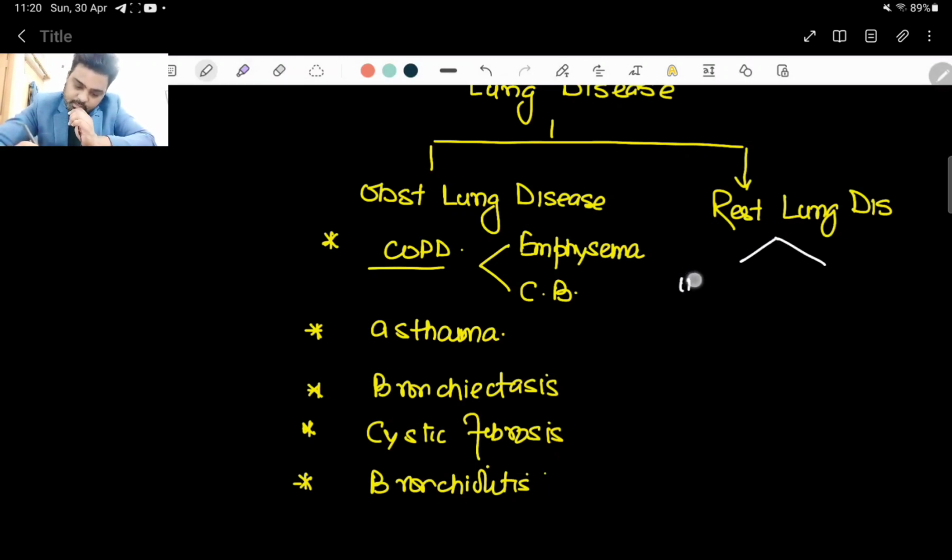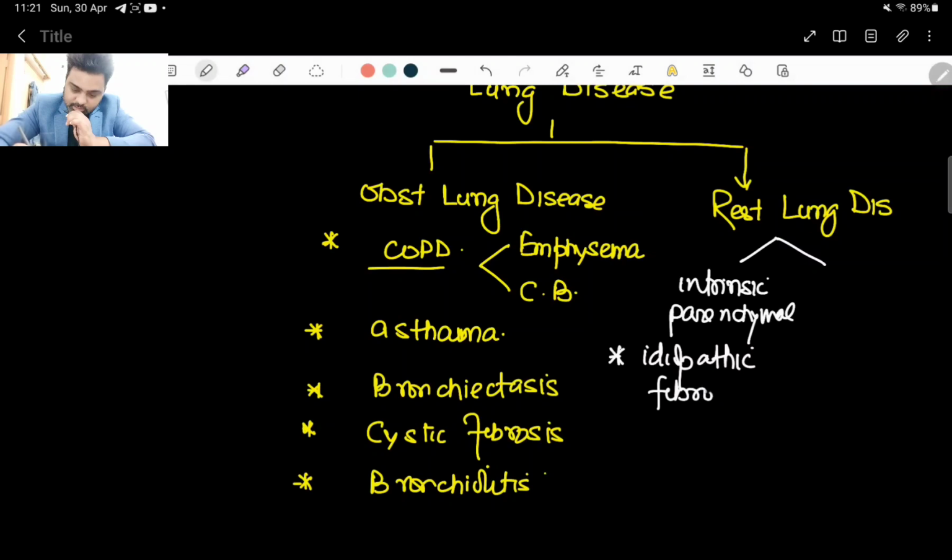One, it can be intrinsic, that is parenchymal, where the most important causes are idiopathic pulmonary fibrosis.